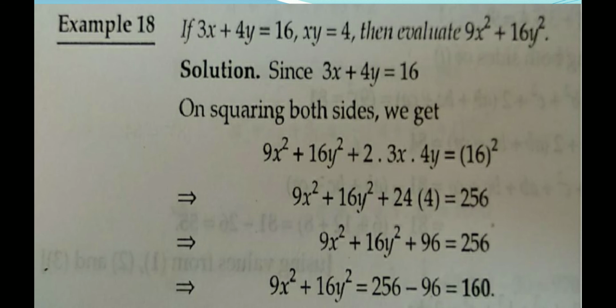So 24 into 4 is 96, equal to 16 square, which is 256. So 9x square plus 16y square plus 96 is equal to 256. It implies 9x square plus 16y square is 256 minus 96, equal to 160. Therefore, the value of 9x square plus 16y square equals 160.